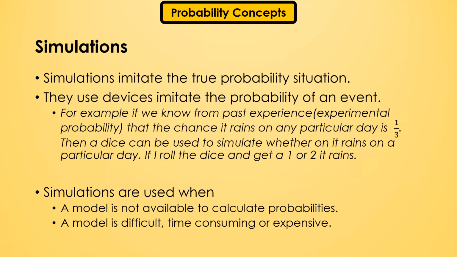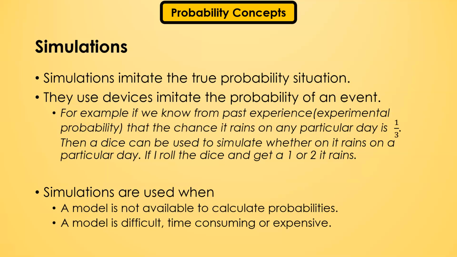So we use simulations when it's really difficult to calculate probabilities, or theoretical probabilities are really hard to measure. They tend to be like observations over a period of time. So it could be the probability that a bus comes past in the next hour. That's a really hard thing to measure theoretically because we don't know how many cars are going to go past in the next hour.